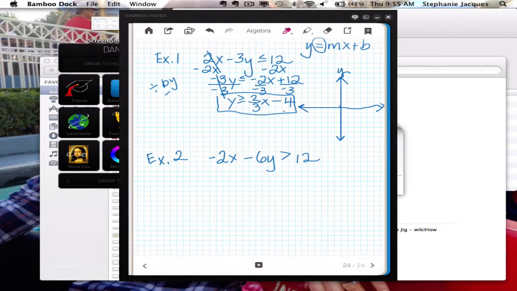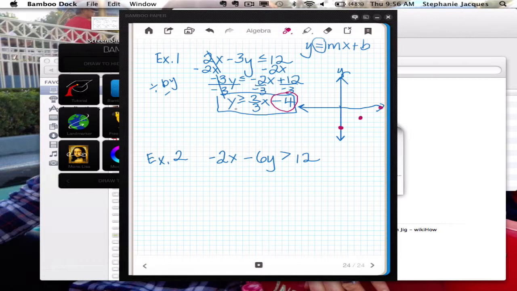Okay, so remember you start at your y-intercept, which is this value right here. So I'm going to go 1, 2, 3, 4. I go down because it's a negative 4. Then from that point, I'm going to do my rise over my run. So I'm going to go up 2, over 3. I'm going to do it again so I can get a nice line. So up 2, over 3.